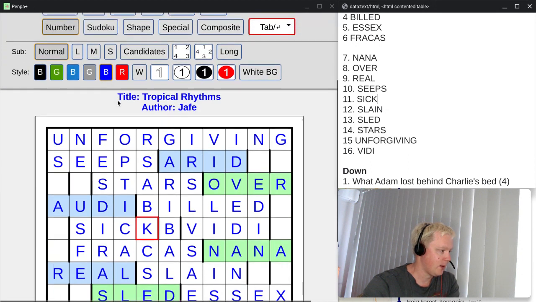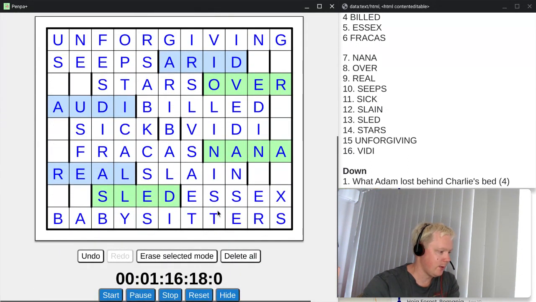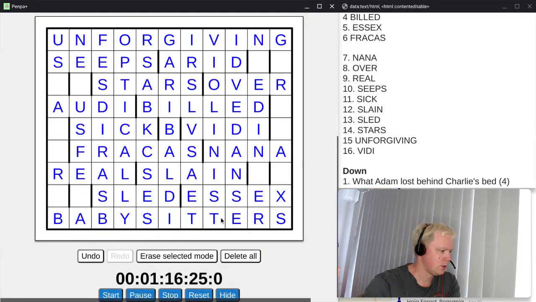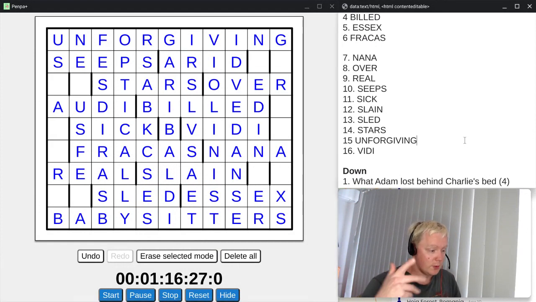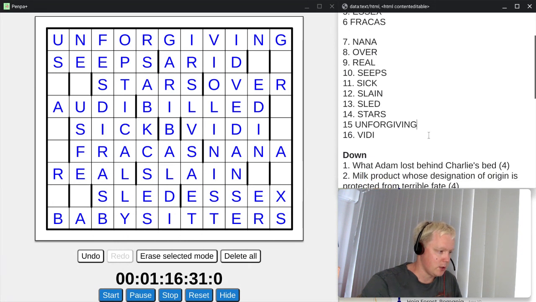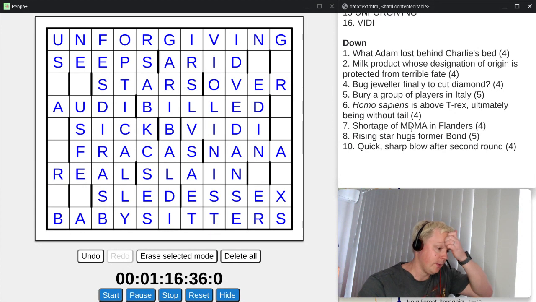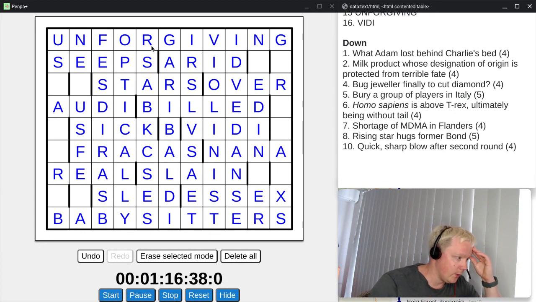But I'm going to remove the highlighting now so that we can highlight down answers if we need. But now we removed the ones that we had.